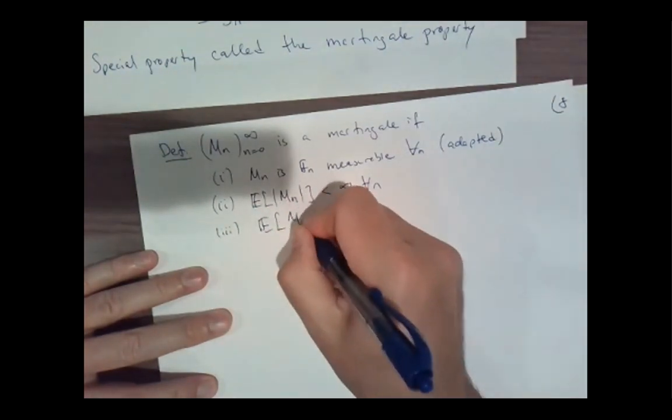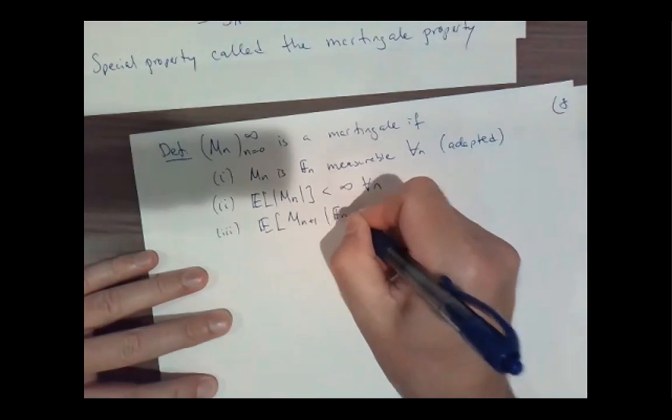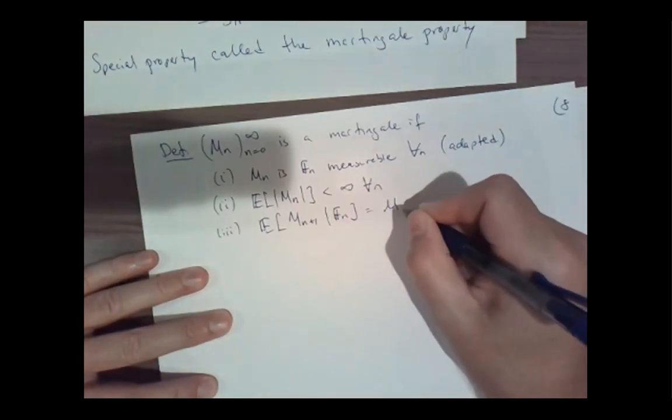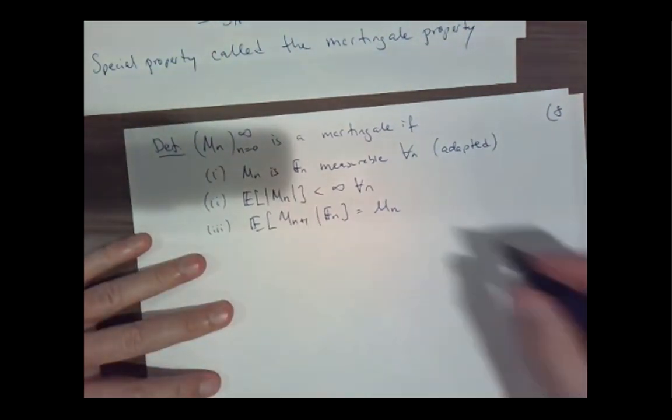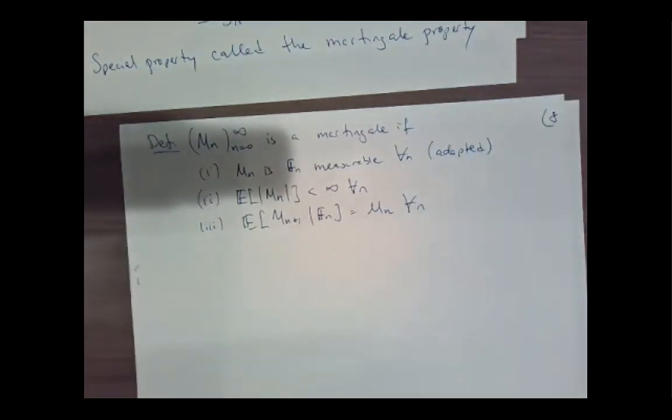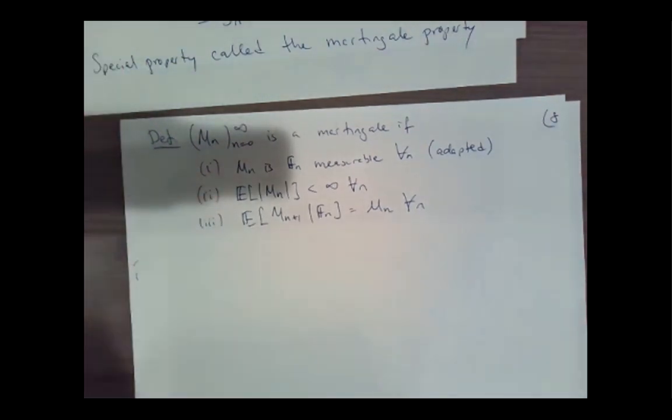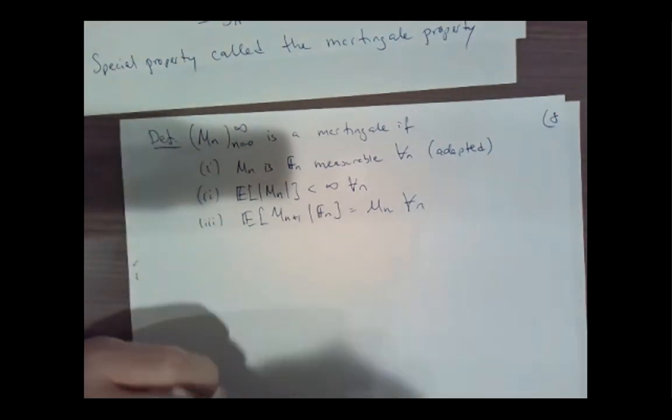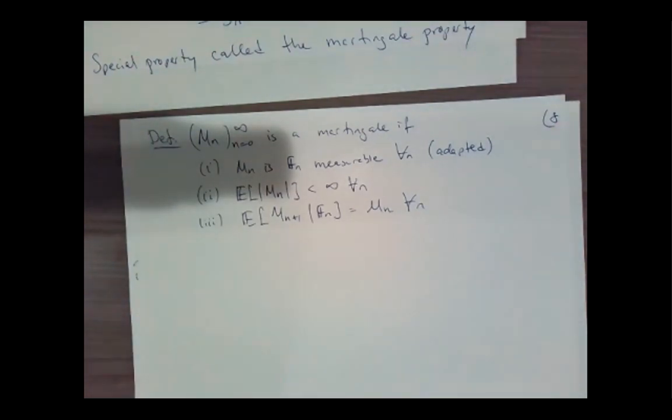If I take Mn plus 1, I condition on Fn, I'm just going to get Mn. And this is also true for all n. So I have a stochastic process, a sequence of random variables, and a sequence of filtrations. This is called a martingale if I have these properties.